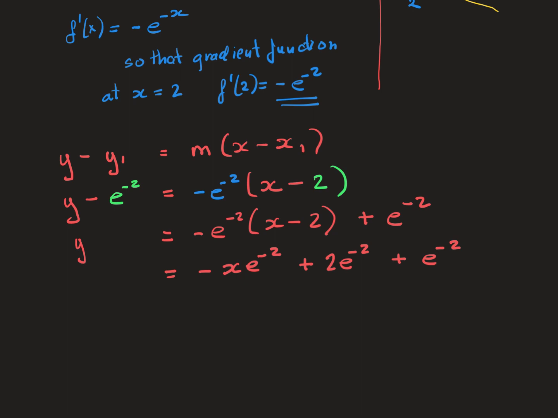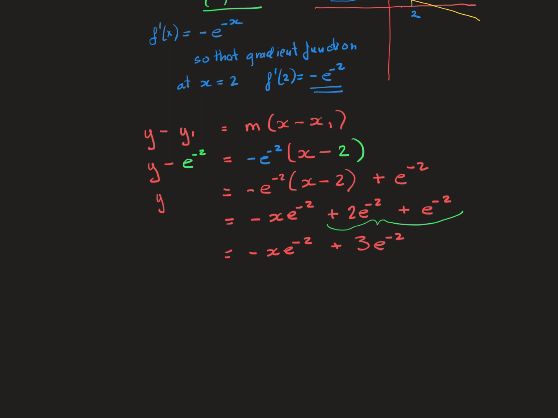These two can be added up, and I will finally have minus x e to the minus 2 plus 3 e to the minus 2, making that y. Right, this is your equation.